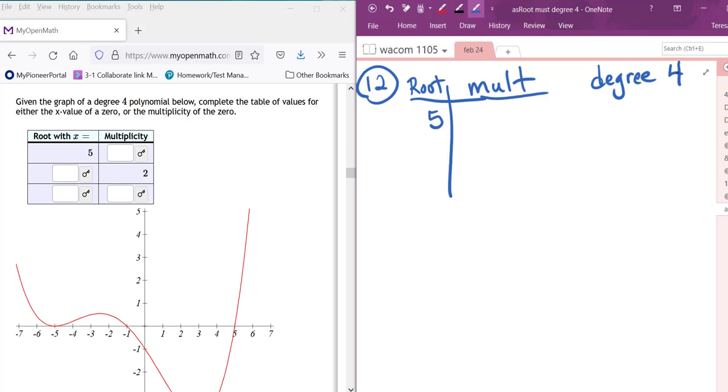So we're good. The reason I went back to point that out, because we just talked about even or odd. So if a root occurred 3 times, that's also odd, and it will look like this. But it would give you different answers here. Just at the end, you have to make sure you add them all up to 4 total.